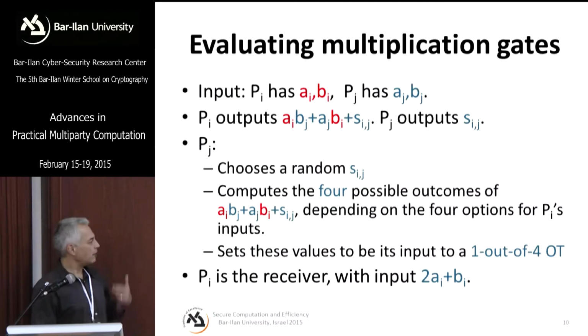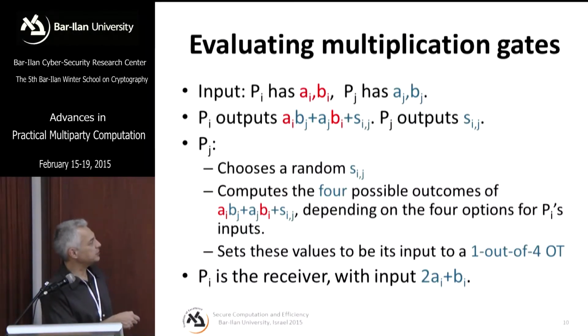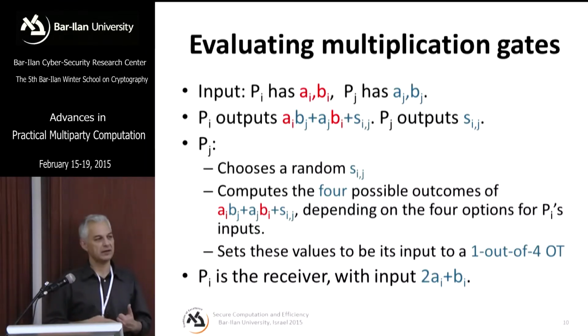Okay. So after they do this 1 out of 4 Oblivious transfer, they both have these outputs we defined for the protocol. Pj has some random output Sij that he chose, and Pi has a value that if we sum it with Pj's output, we get Ai times Bj plus Aj times Bi.